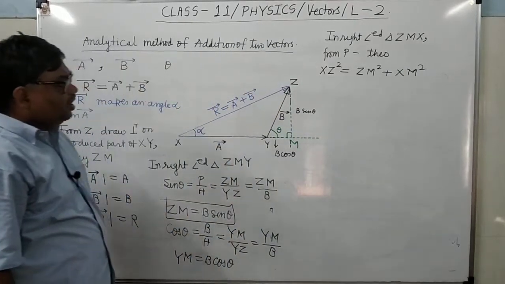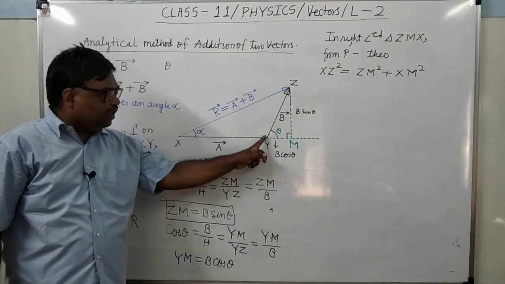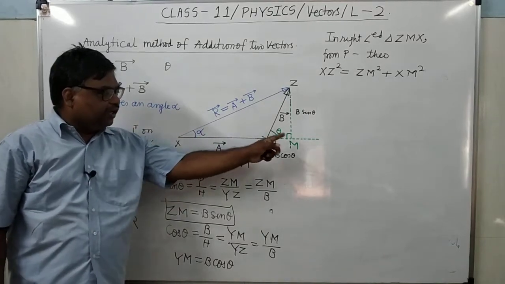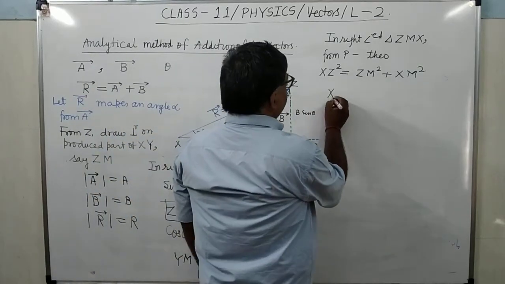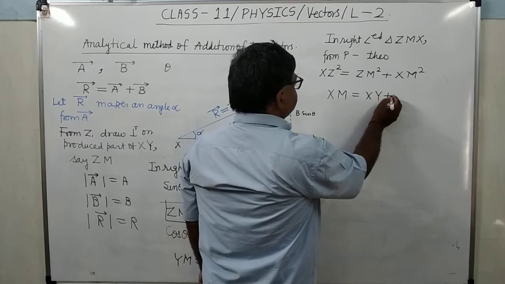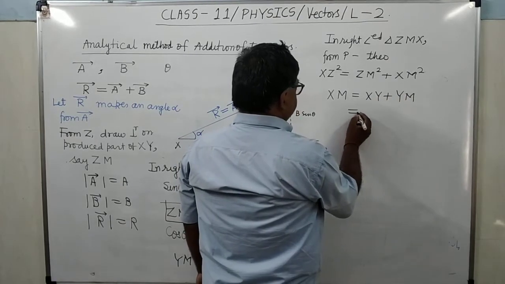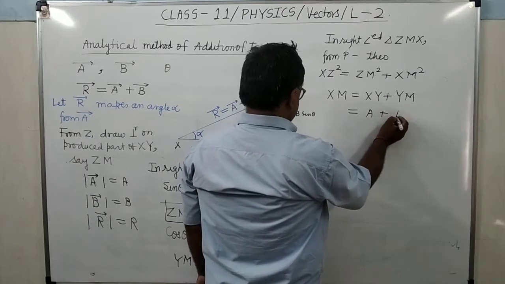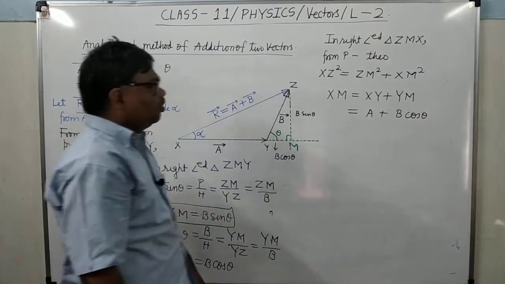Now you can see here what will be XM. XM can be written as XY, which is equal to A, plus YM, which is equal to B cos theta. So XM equals A plus B cos theta. Others you already know.